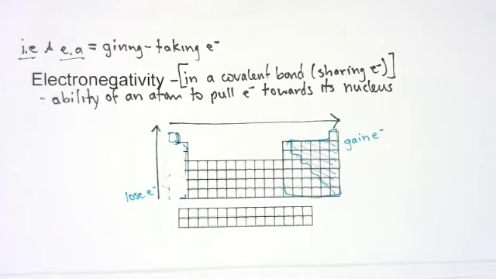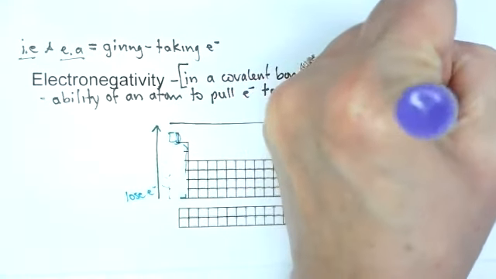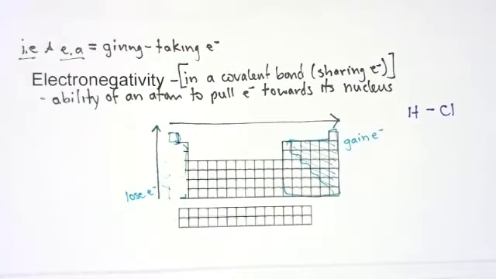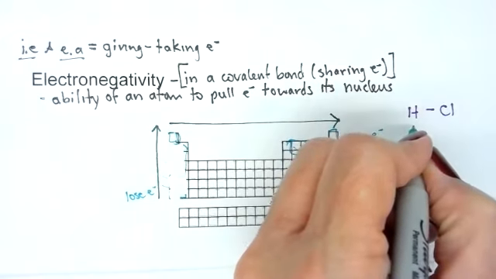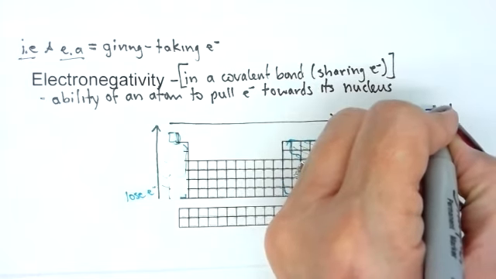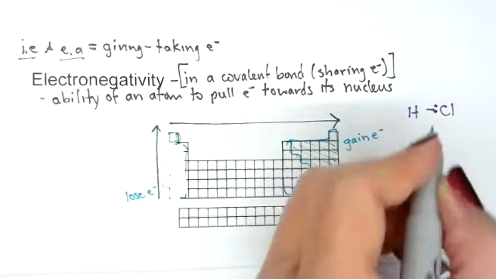We're going to write something called Lewis structures in a short while. If I have hydrogen and chlorine bonded together, and this represents their sharing a pair of electrons, the chlorine is not going to take the electrons away from the hydrogen, but the electrons will hang out closer to the chlorine than to the hydrogen.